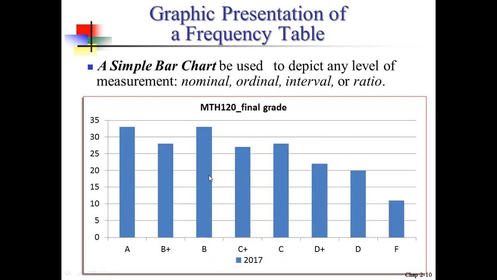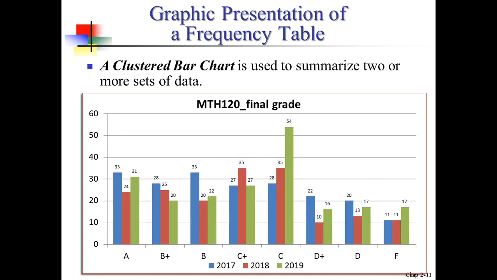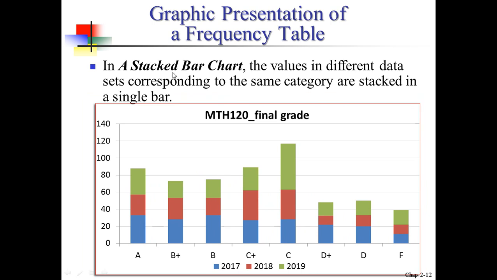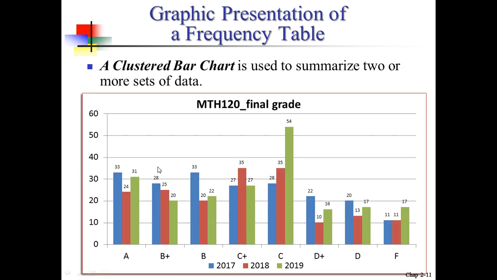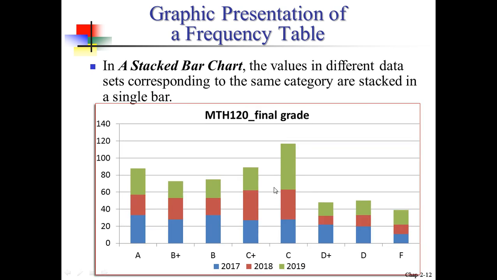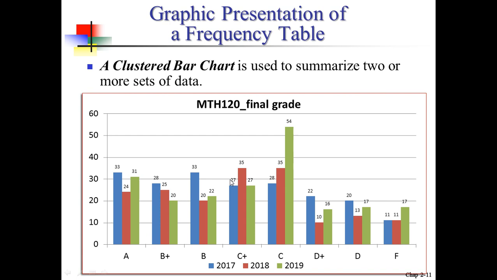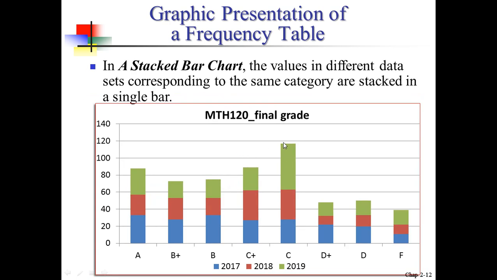Simple bar chart is very simple, but normally because it is so simple, we don't use it too much. The other types that we use a lot are the cluster bar chart and the stacked bar chart. So cluster or stacked, it depends on what you prefer. But to make it easy, a stacked bar chart is easier. Even if you have 10, you only need 10 different colors.